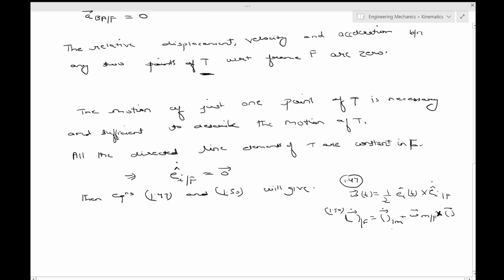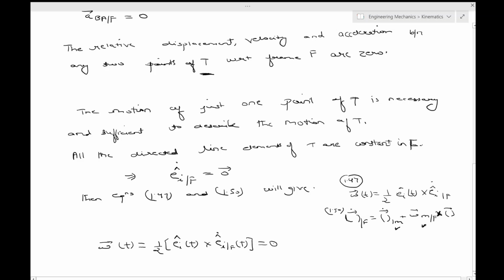The only thing is we'll replace this m over here with t, because we are referring to a translating frame. So let's see what these two equations become. 1.47 over here will become omega of t is equal to half into ei cross ei dot with respect to f t.